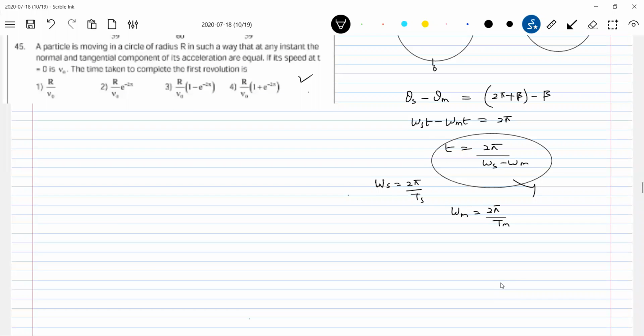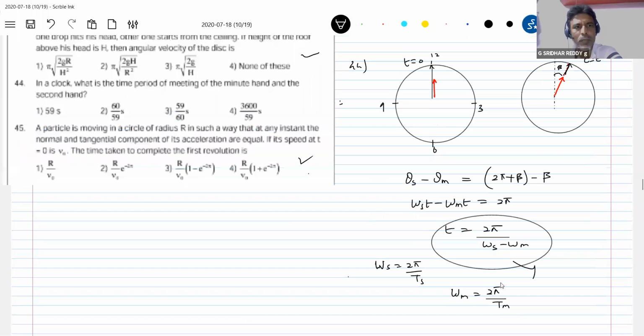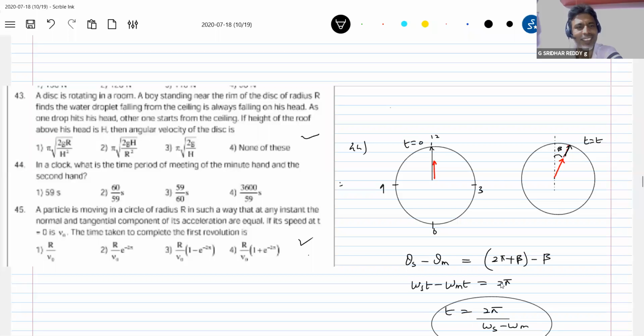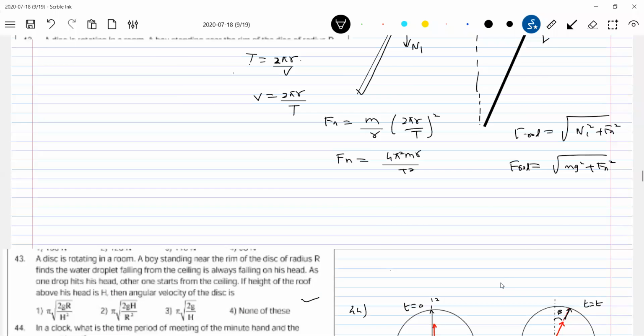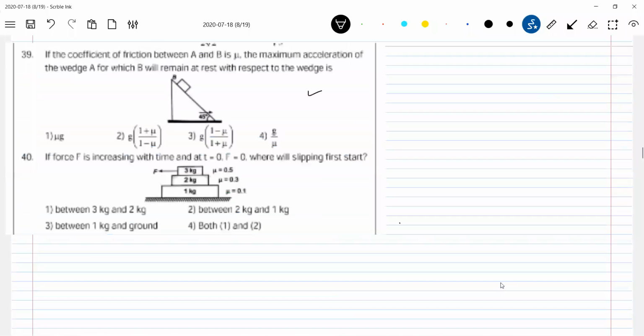In the coin one, sir. Where is the coin problem? Number you tell me. So it must be the train. Sir, 36. Okay, I'll come to 36.